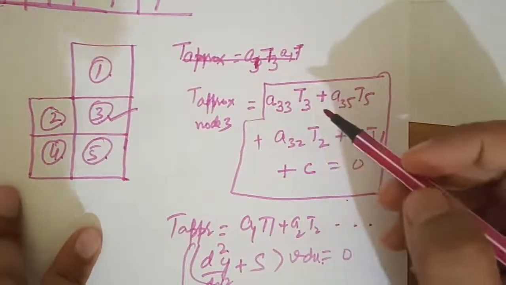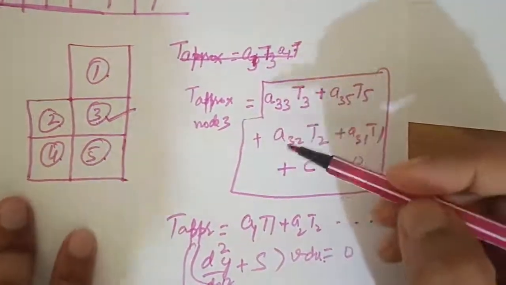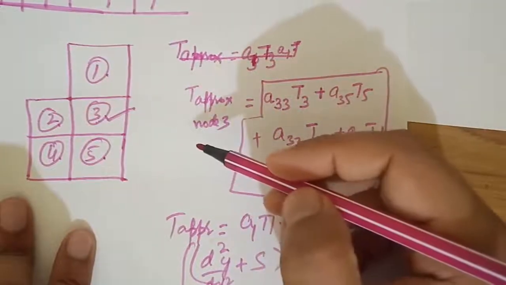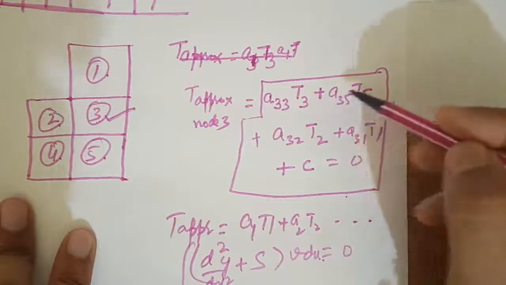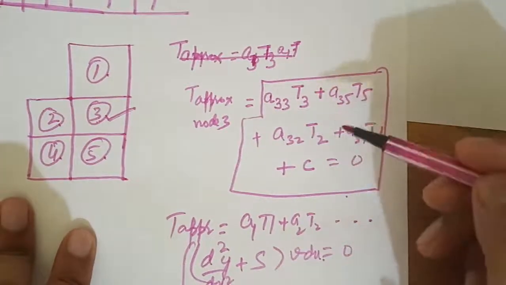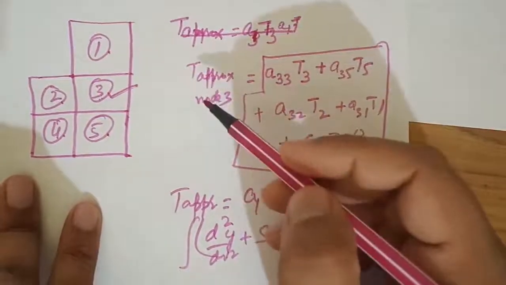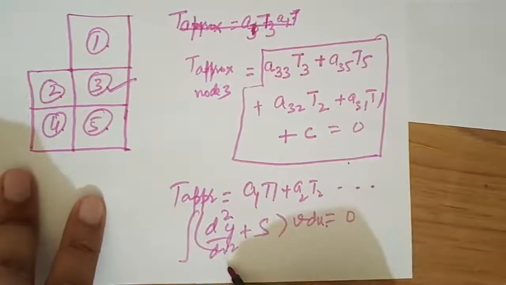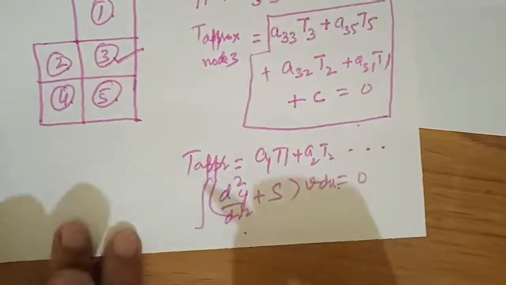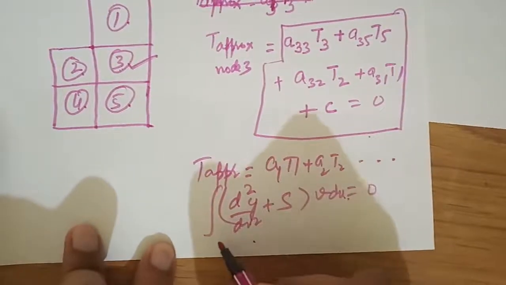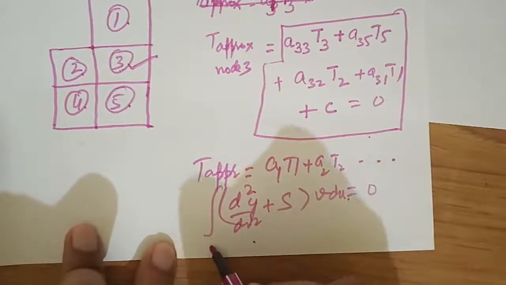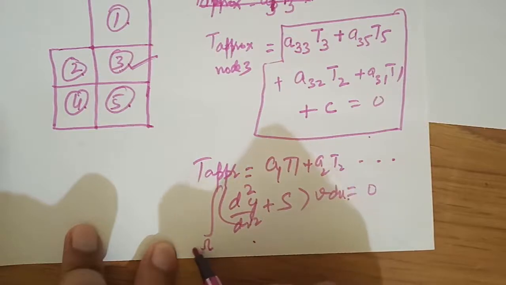So please try to understand the difference between the approximating polynomial in the subdomain and the resulting algebraic equation which we get after we have put that T approximate in this subdomain. Now the key point here is that the subdomain is only, I am writing it down, say S, this domain.